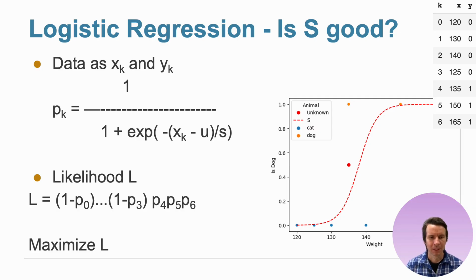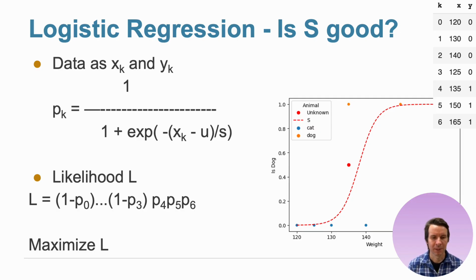So here it is. For every xk, I will evaluate the pk. I will evaluate what the curve for given u and s is telling me, and then for the ones that should be 1, the dogs in this case, I take the pk's and multiply them. It is p4 times p5 times p6. And for those that should be 0, I take 1 minus.